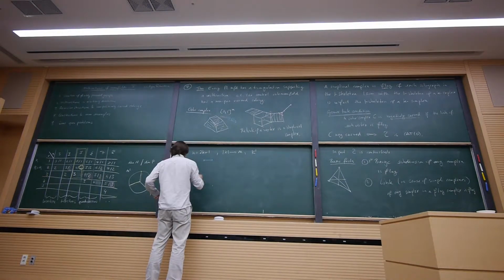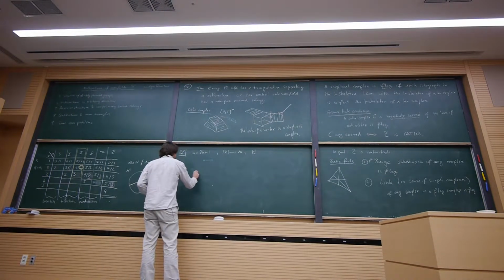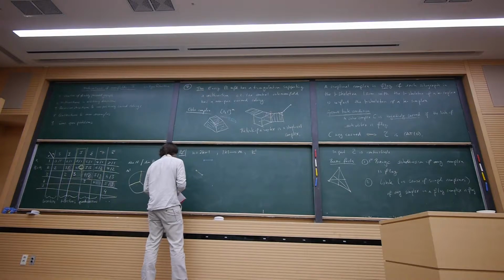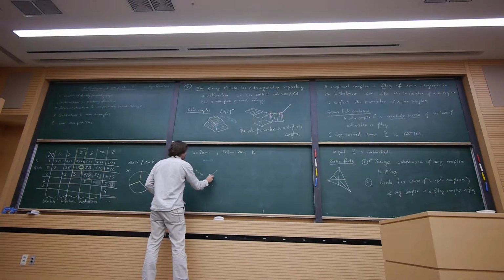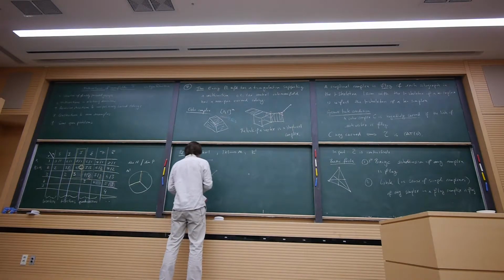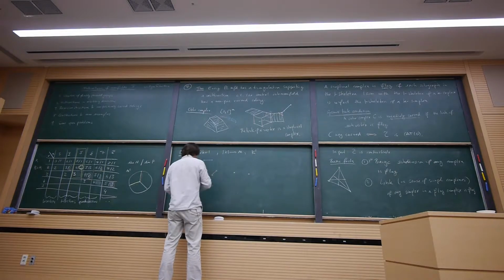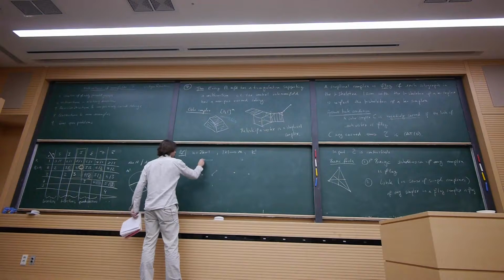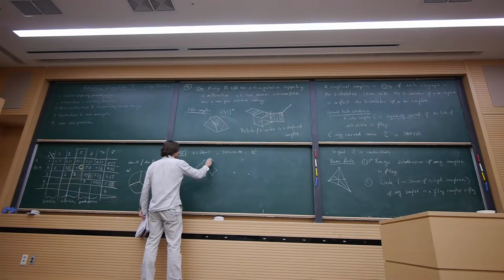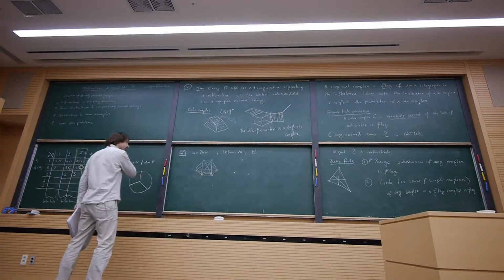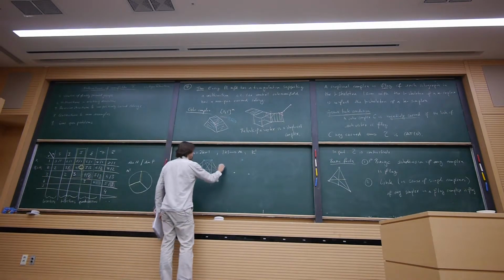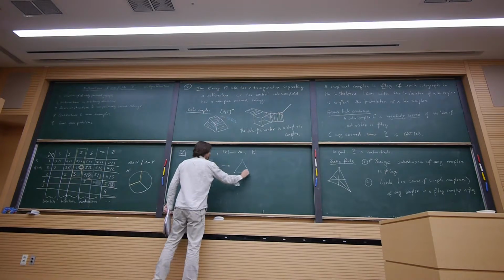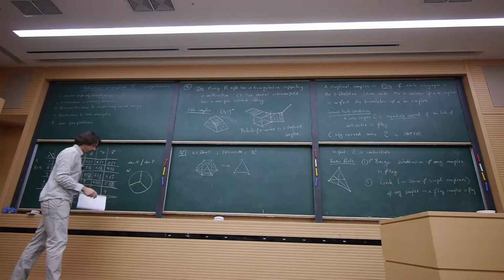So let's maybe draw the picture in dimension 5 to go by. Here's my simplex, and it maps to this guy here.